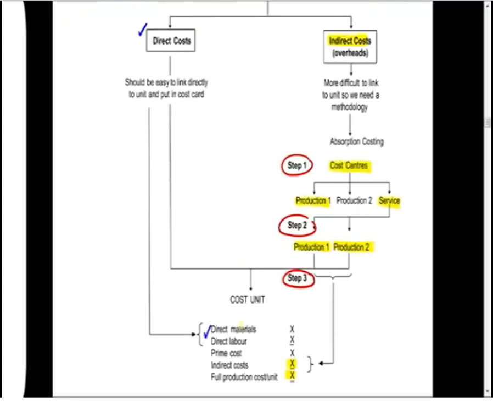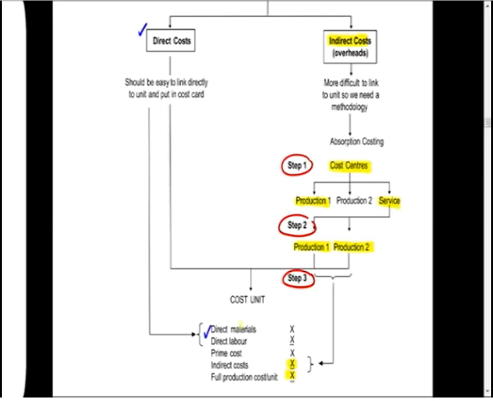At this point, it seems worth going back to the diagram in section 2, where we have taken our total indirect overheads, and in the first step, we have allocated and apportioned them to all of the different cost centres.